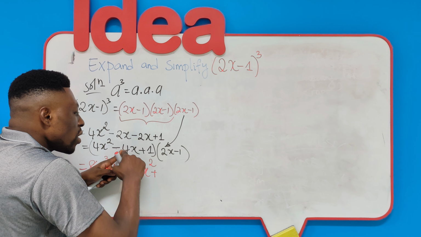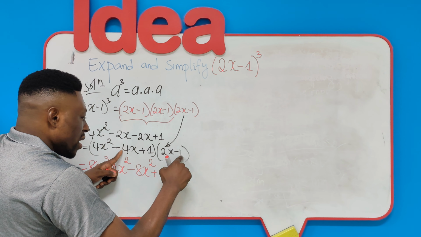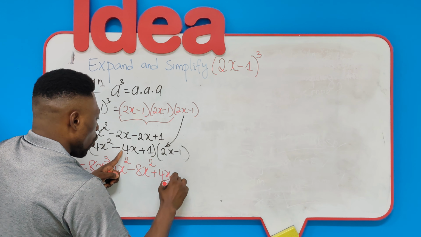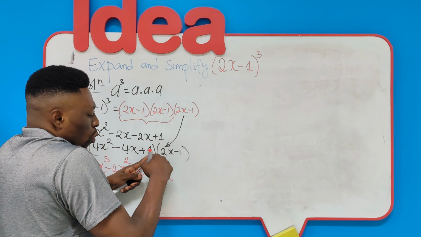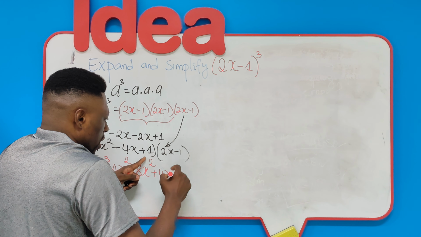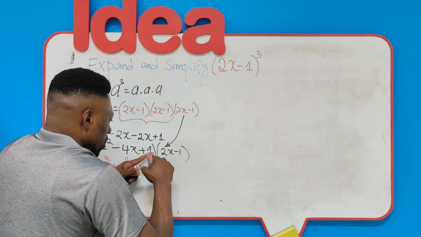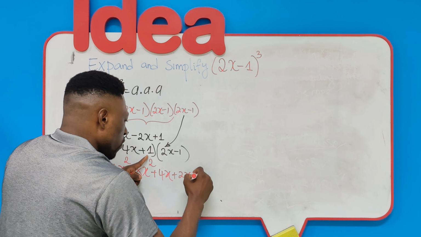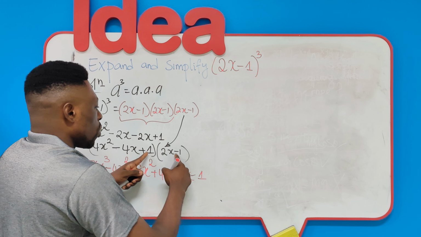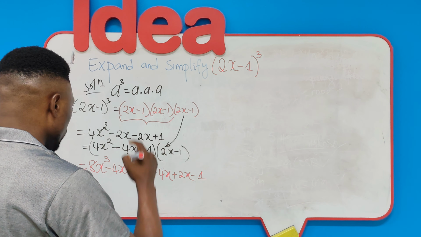Now 4x times 1 is just itself, 4x. We're done with this as well. Now we move to 1. Of course, no need to say 1 times anything is just that thing itself. So I will just rewrite all of this because 1 times 2x is plus 2x, and then 1 times negative 1 is just negative 1 because there's only one negative sign and the negative sign prevails.